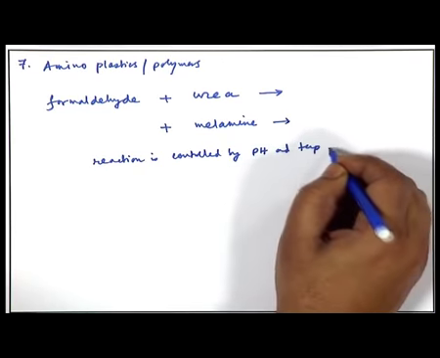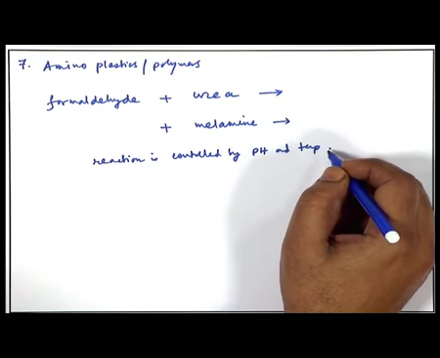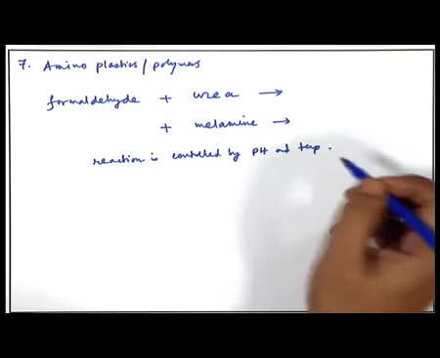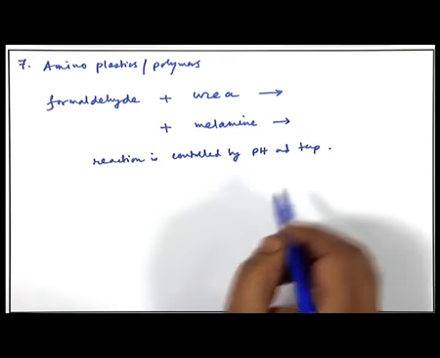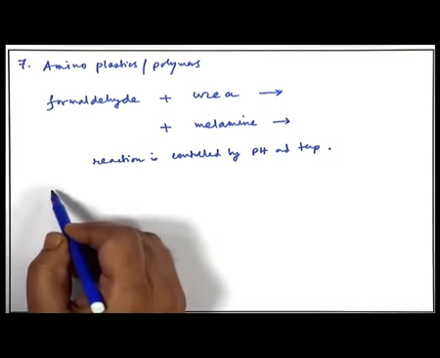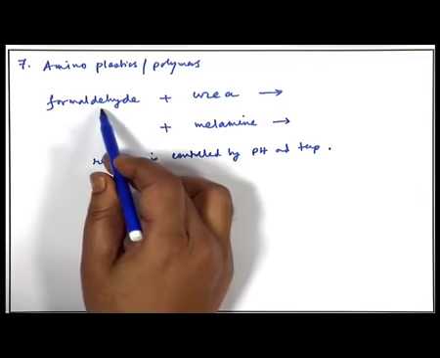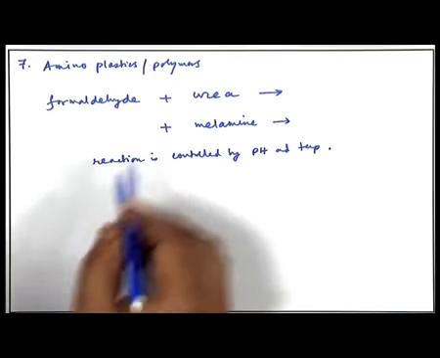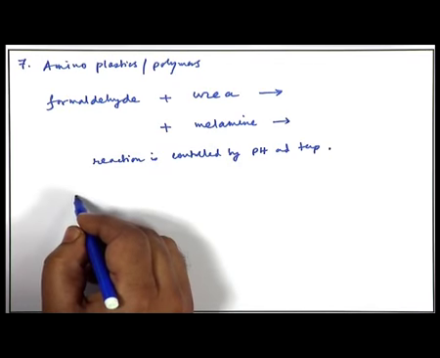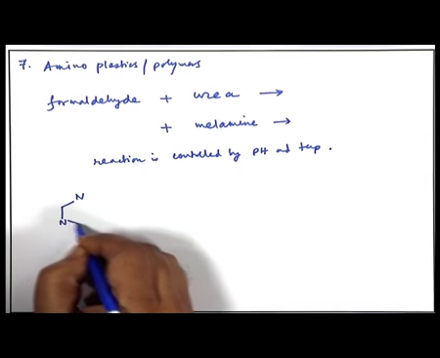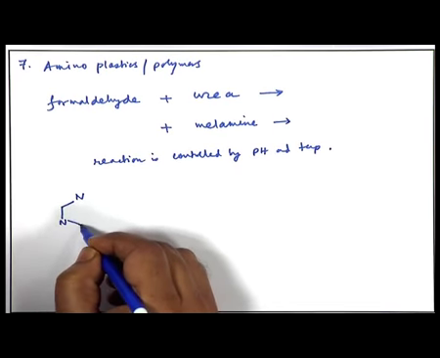The reaction is stopped by cooling down the temperature and bringing the pH to near neutral. Now I will show you this reaction, formaldehyde with melamine, which is very commonly used in making utensils, as I said.